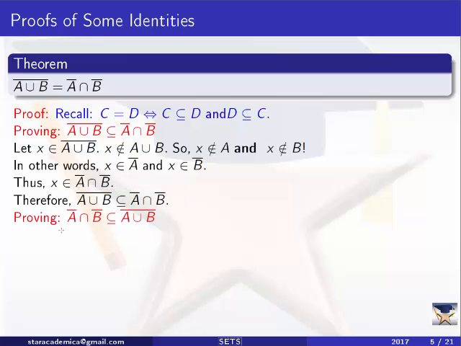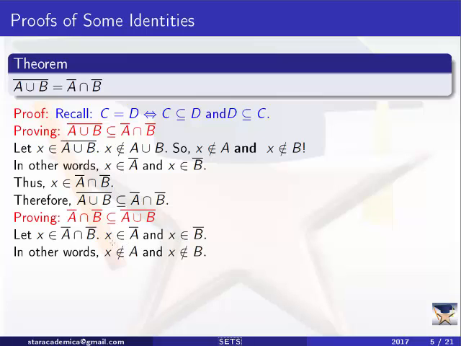Now we'll prove that A complement intersect B complement is a subset of (A union B) complement. Again, we take an element from the left hand side. If an element is in the intersection, it has to be in both. So x is in A bar, and x is in B bar. x being in A bar means x is not in A, and x is not in B. Remember this part here.